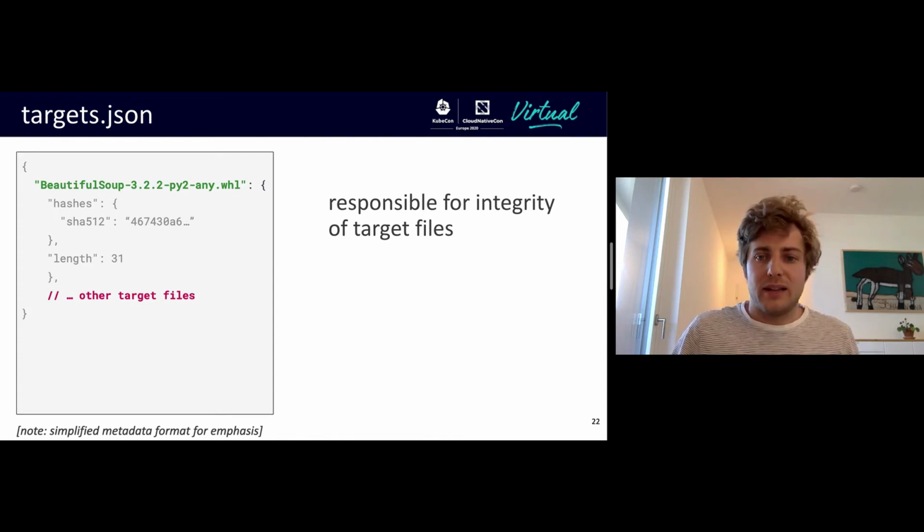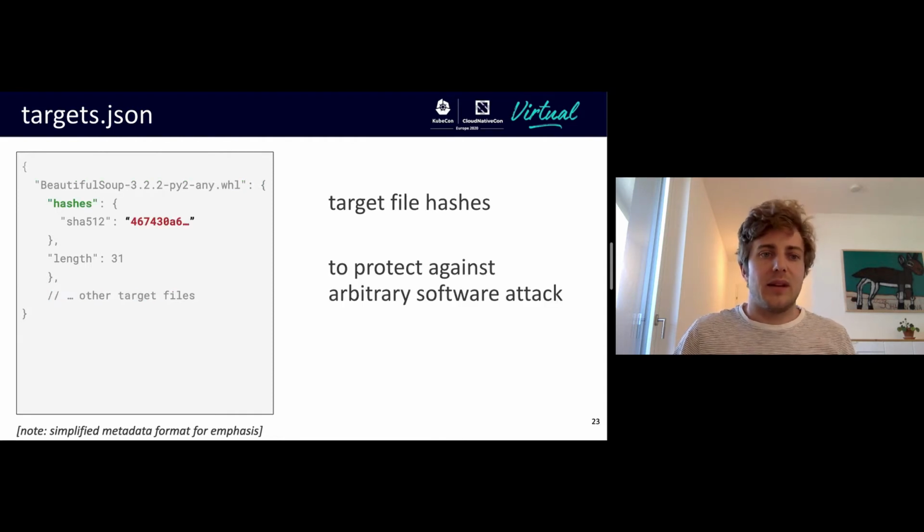And to protect its integrity, it lists its hash. So when you download that package, you can compare it to the hash in the metadata and know if it's the benign package or a tampered version of it. This protects you against what is called an arbitrary software attack, where an attacker just replaces the package with a malicious one. This is probably the most scary attack.